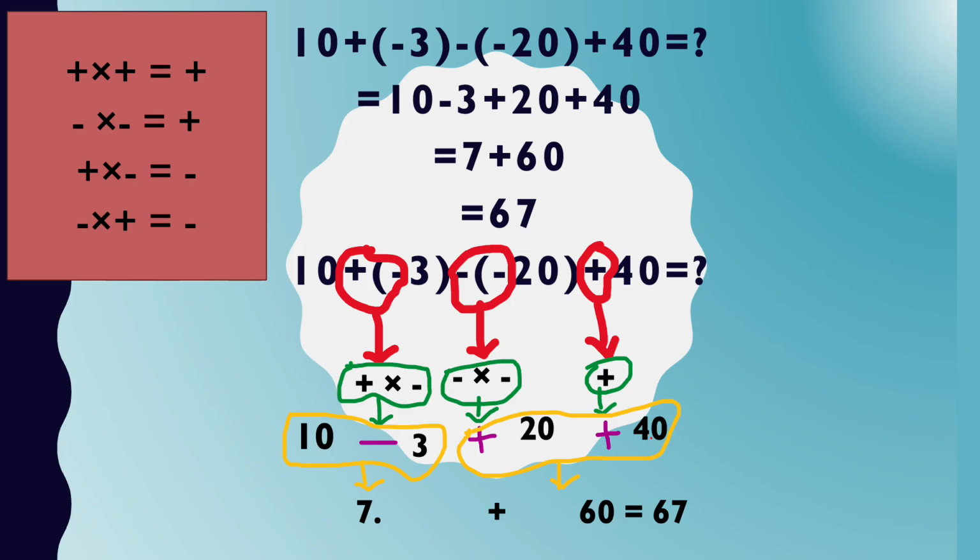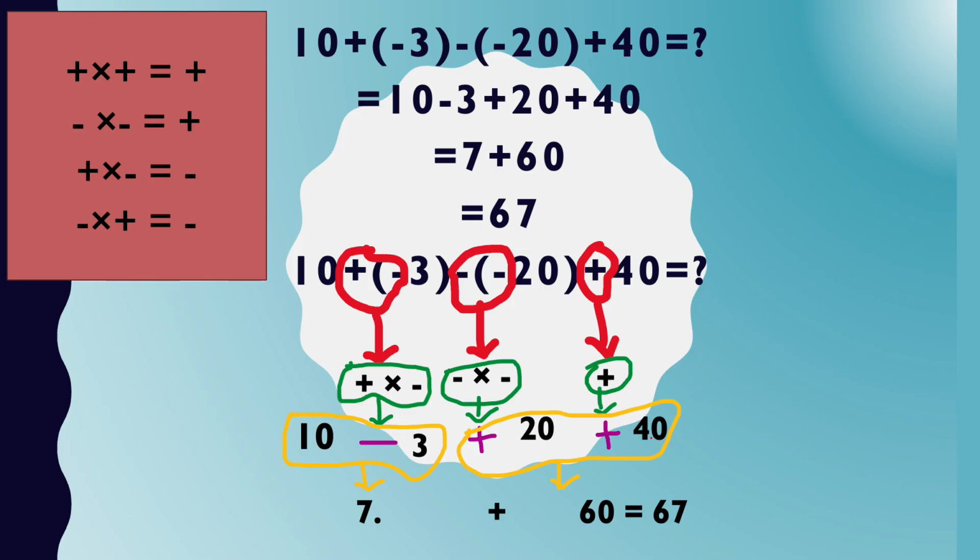Now you can see the red arrow, now I'm going to work on the sign. You can see what this sign is. This sign says plus and minus. Now we are going to multiply plus by minus.